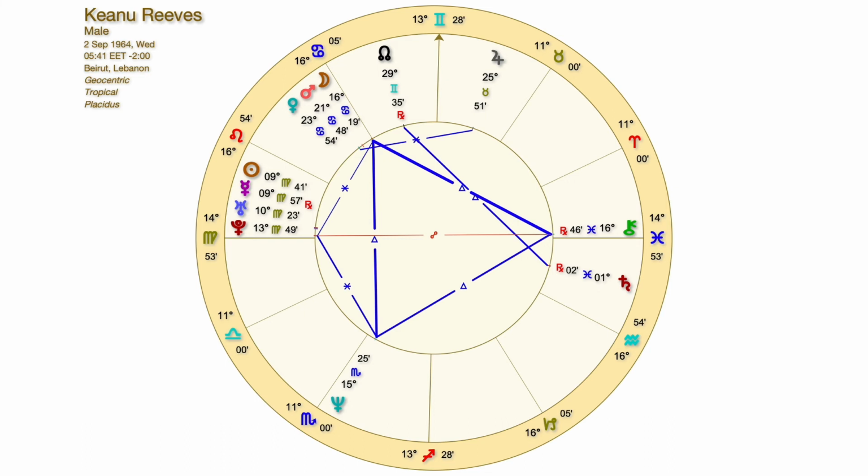The answer is the houses are actually equal in size, but the logic of how they're made equal isn't simple because we're dealing with a sphere and with 3 dimensions, and this sphere is rotating in time. Dividing it into 12 equal sectors is a lot less straightforward than, say, dividing a stick into 12 equal parts. And this is exactly the reason why several different systems of houses exist.